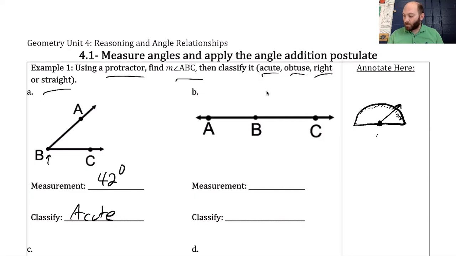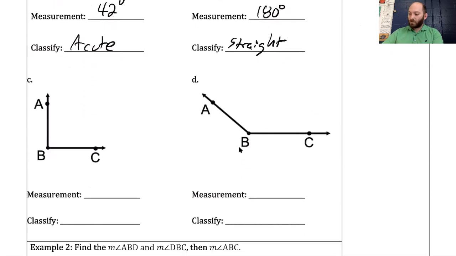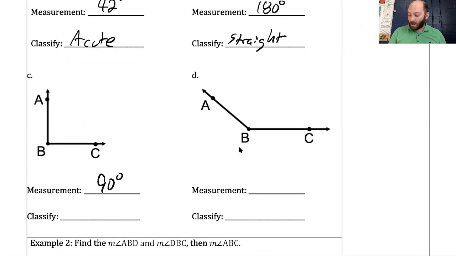This one makes up the whole straight line, so that's 180 degrees, and that is a straight angle. Then right here, you do the same measurement, and it should come out to about 90 degrees, which I classify as a right angle. And I finish with this one right here. You're looking at that angle there. It should come out to about 139, 140 degrees, which makes that obtuse.